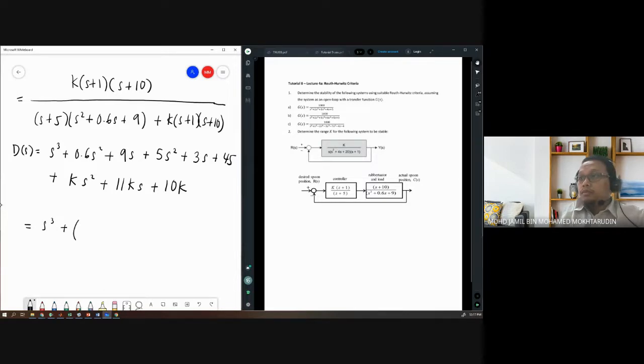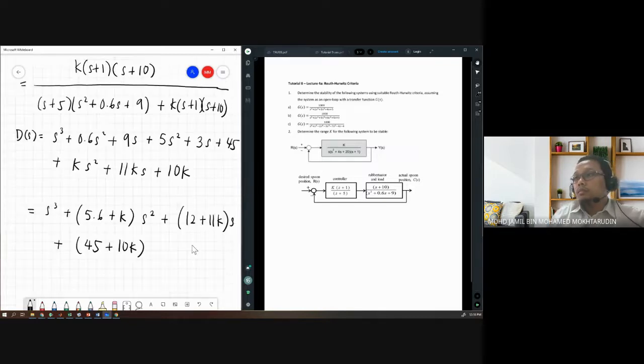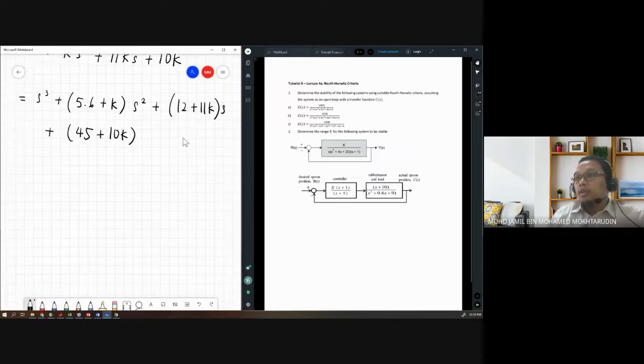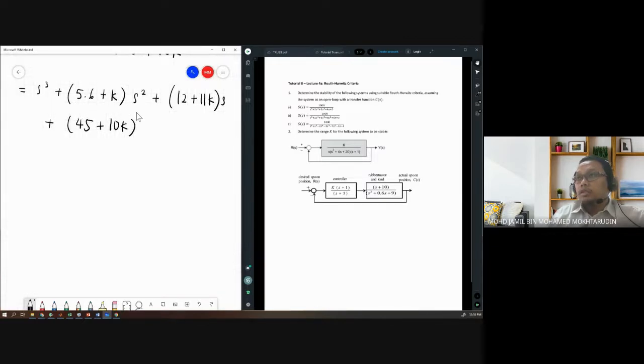So 5 plus 0.6 gives 5.6 plus K. Then 9 plus 3, 12 plus 11K. Then 45 plus 10K. Now you can use this denominator to generate the Routh table.